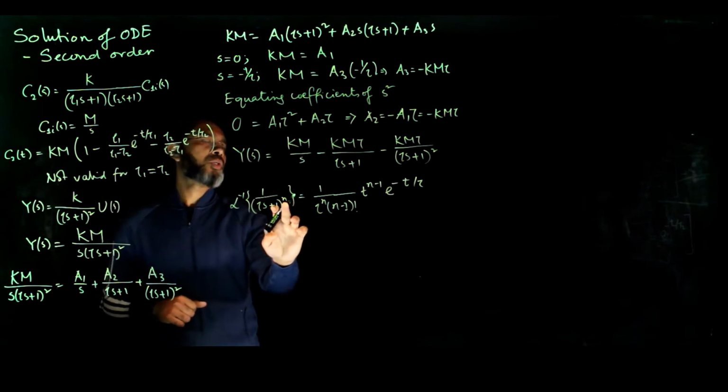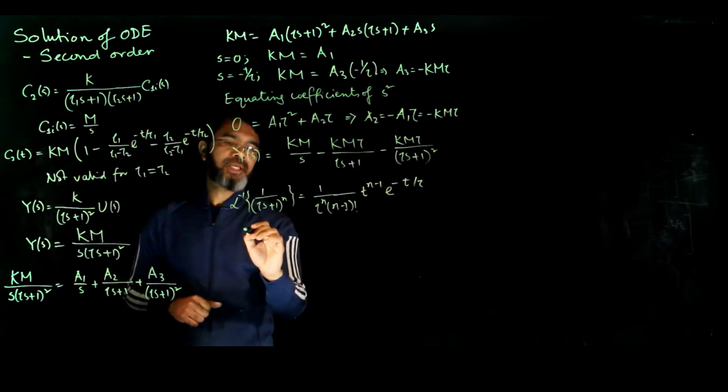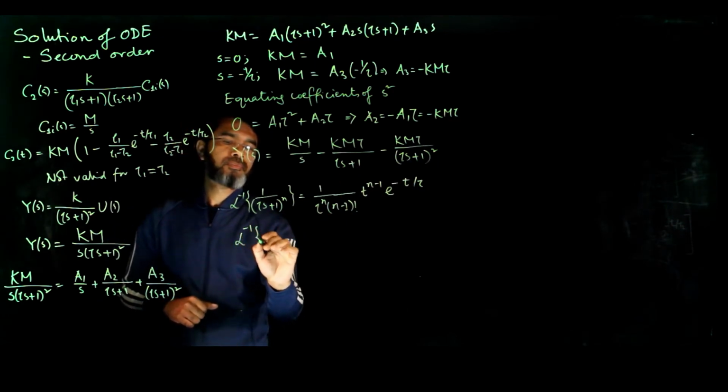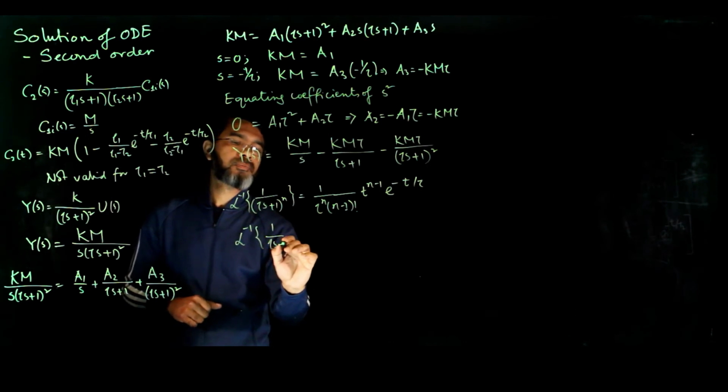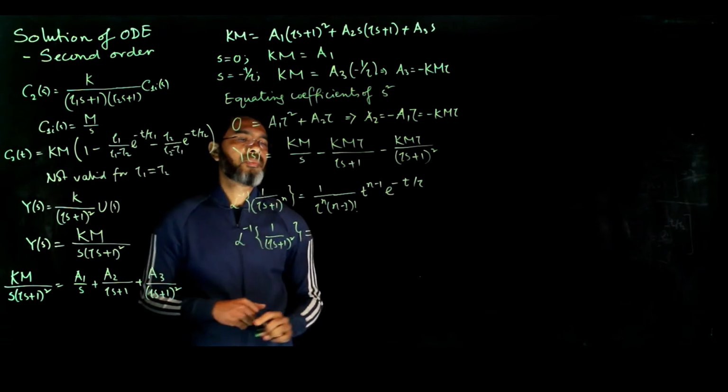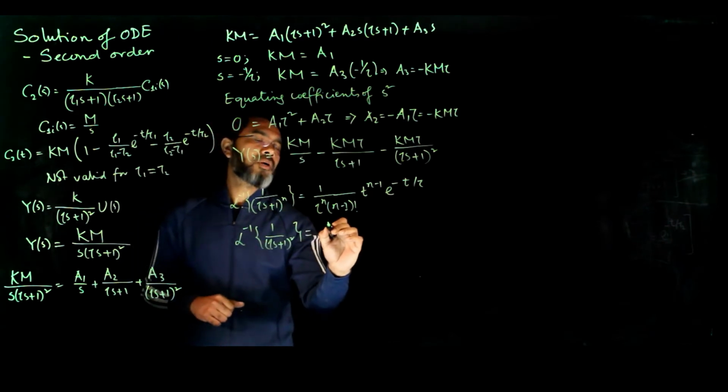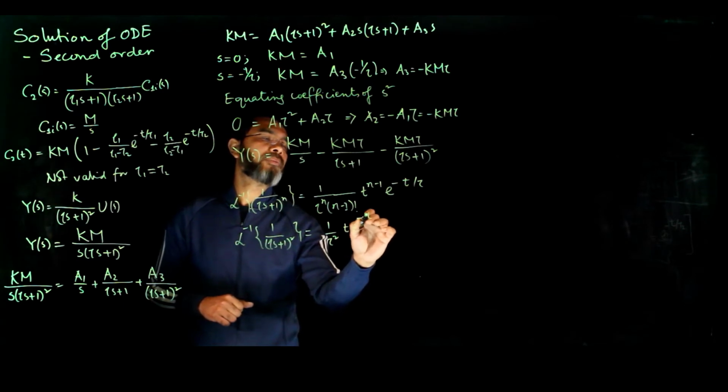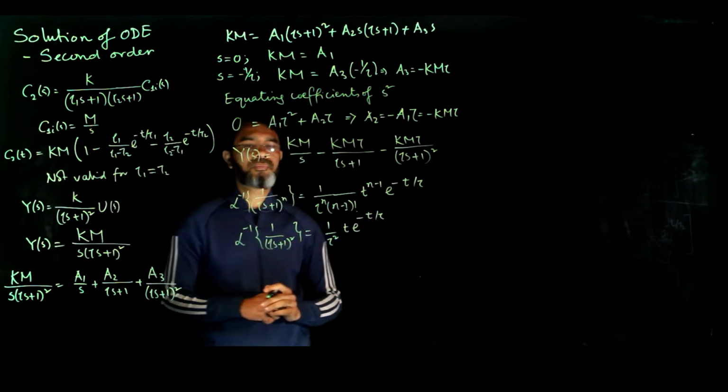So for n equals 2, we'll get the inverse Laplace of 1 over (tau s plus 1) squared to be 1 over tau squared times t e to the negative t over tau.